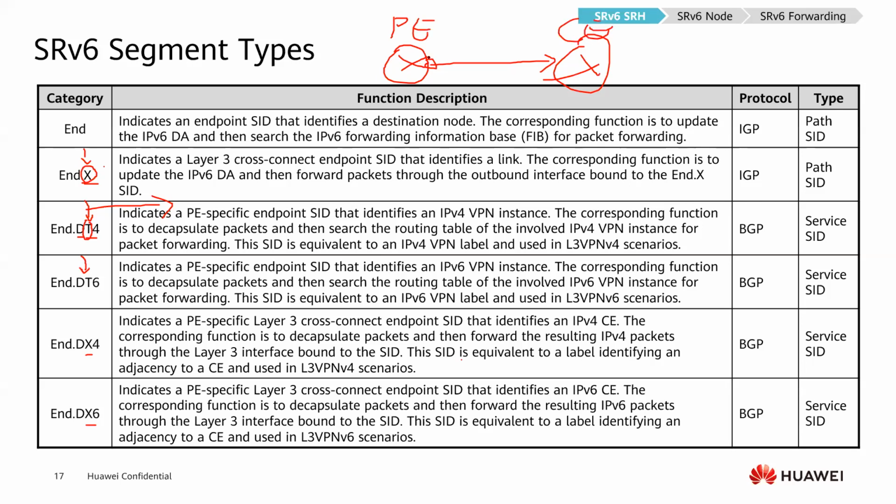DT4, DT6, DX4, DX6 segments: if I want to send out, with the D, I should decapsulate, remove, pop the SRH and forward to the CE with the native IPv6 packet.